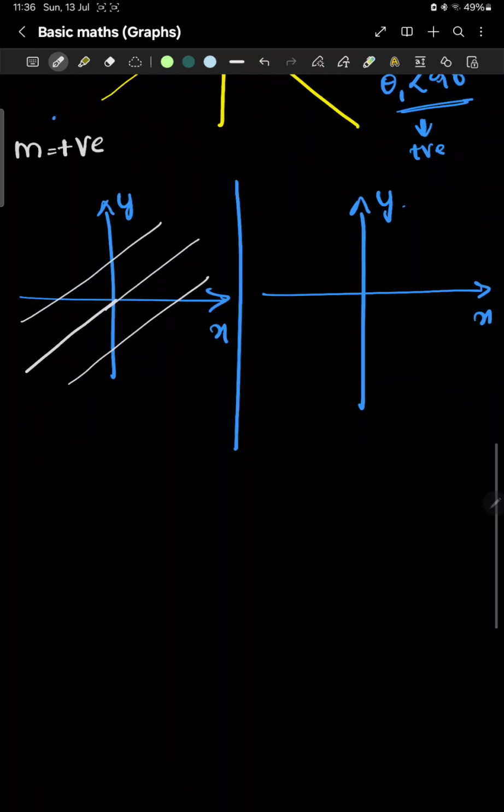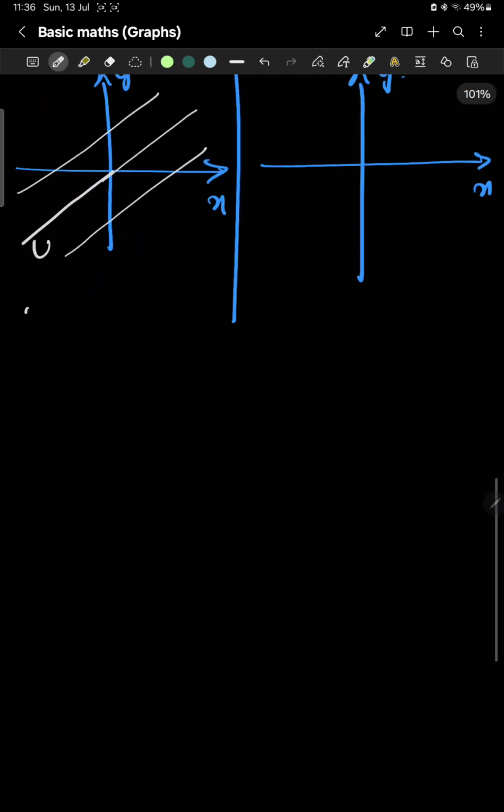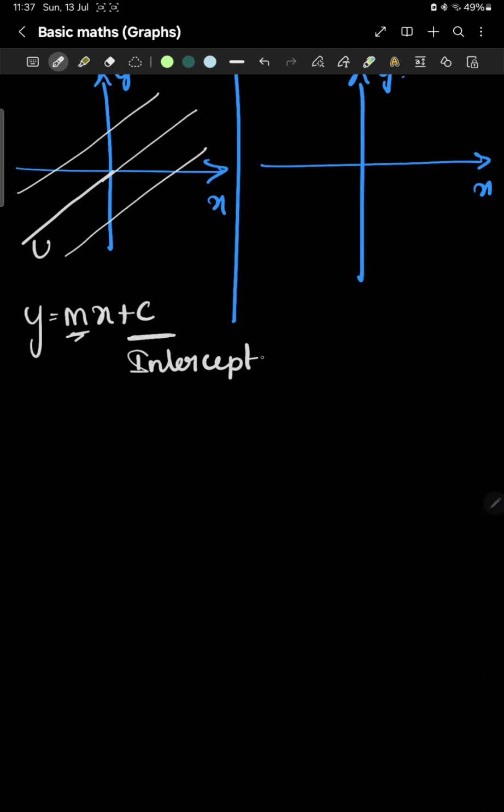So we know that the general equation of a line is y is equal to mx plus c. Here the slope is a positive value, and this c represents the intercept. The distance from the origin where the line cuts the y-axis is known as the intercept.